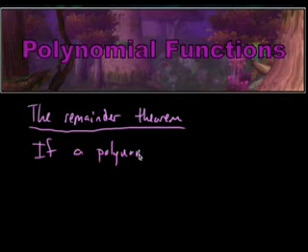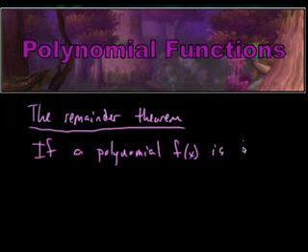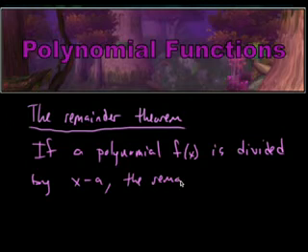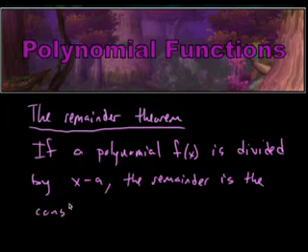This is the remainder theorem. So if a polynomial f of x is divided by x minus a, let's say, all right, so that's what I'm dividing it by, comma, the remainder is the constant f of a.